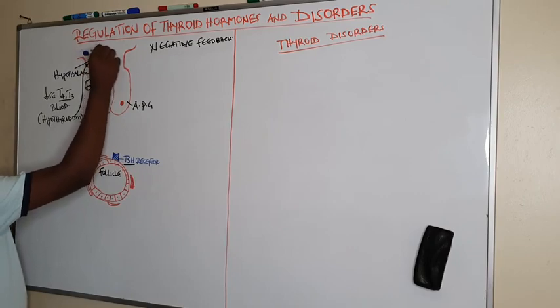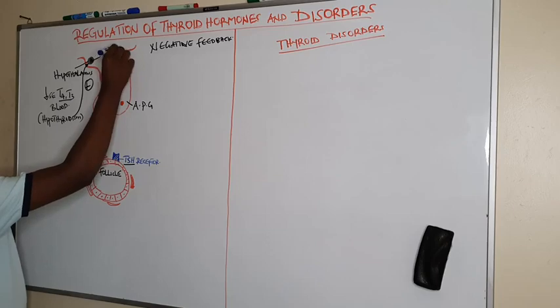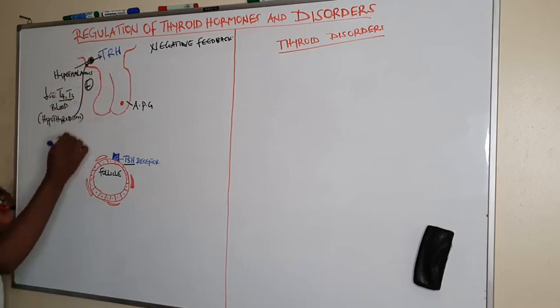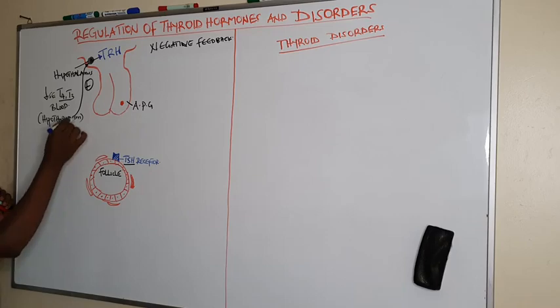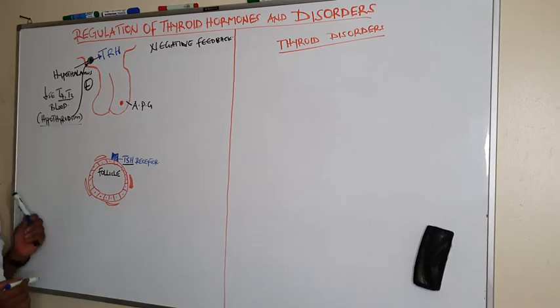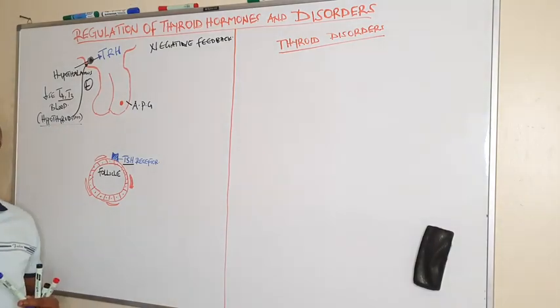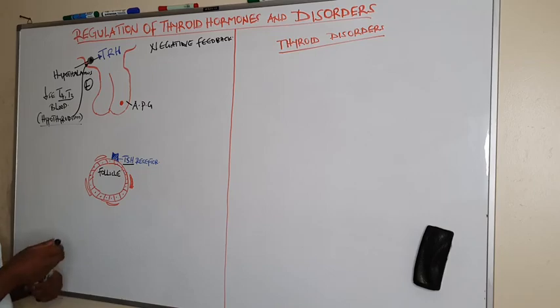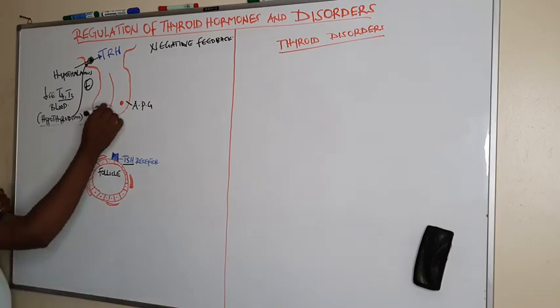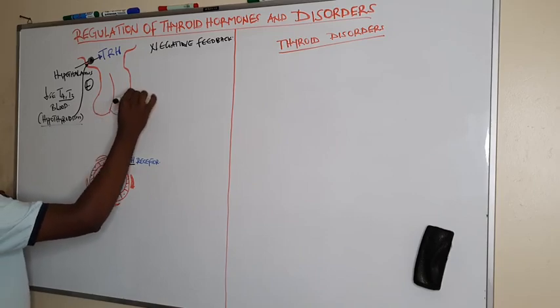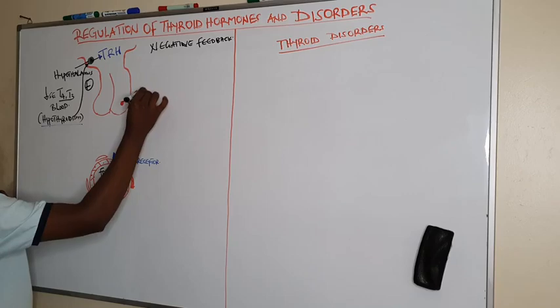Thyroid releasing hormone, produced in response to hypothyroidism, low levels of T3 and T4 in the blood, is going to be transported to the thyrotropes. Within the anterior pituitary gland, we have cells known as thyrotropes.